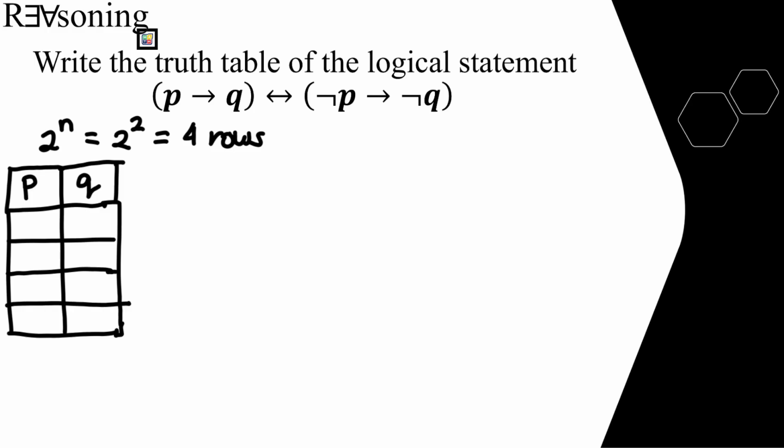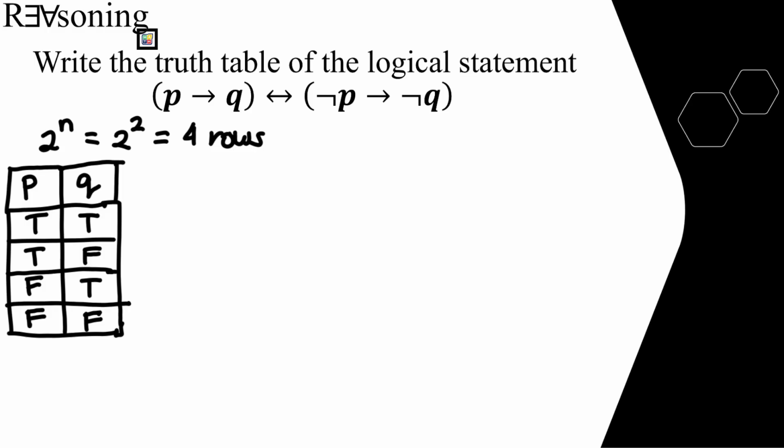So we need to start by placing the truth values for our P and Q. We have true, true, false, and false for our P statement. For our Q, we'll have true, false, true, and then false. So we can see that the pairs for P and Q are different from one another.